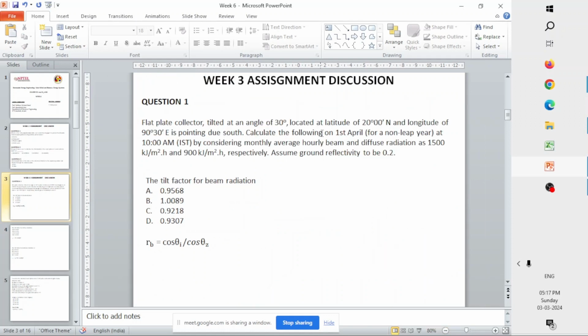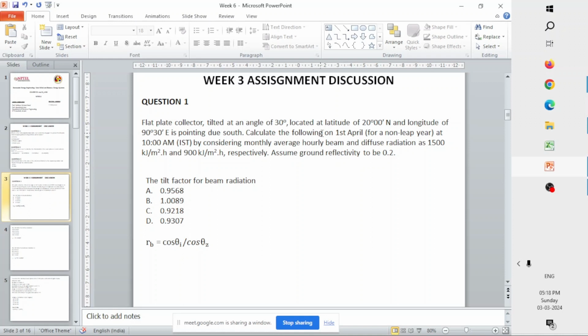So this is the week 3 assignment, and there were a lot of, I guess, queries raised over this particular question. The question states a flat plate collector is tilted at an angle of 30 degrees, located at a latitude of 20 degree north and longitude of 90 degree 30 minutes east, pointing due south.